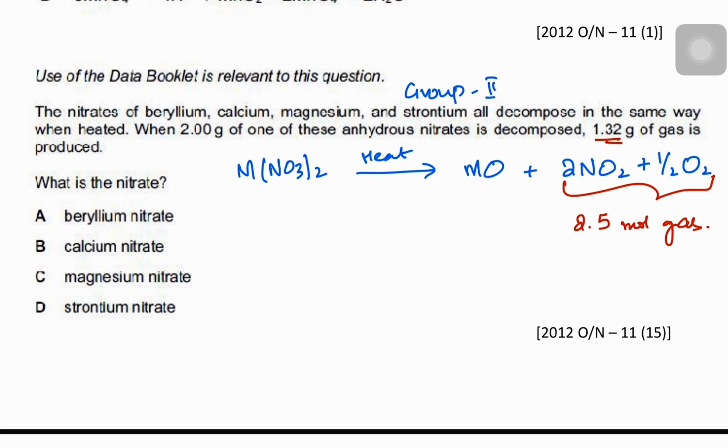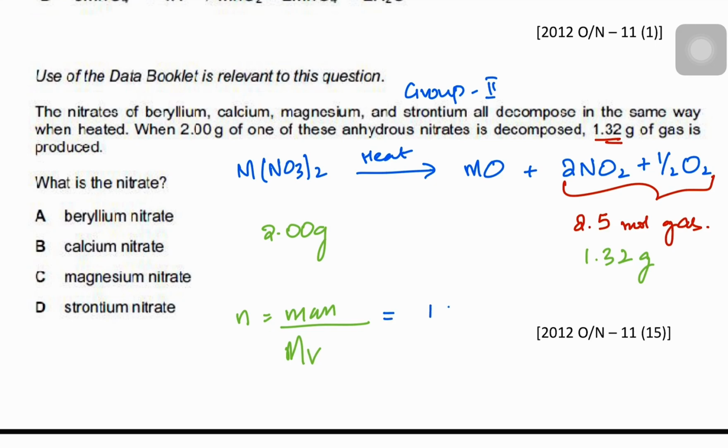So my suggestion would be to notice that when 2 gram of this is heated, you receive overall 1.32 gram of this. Now you might be like, how do we find the molecular mass of this? Notice one thing. When you find the molecular mass, you do the mass over MR, right?